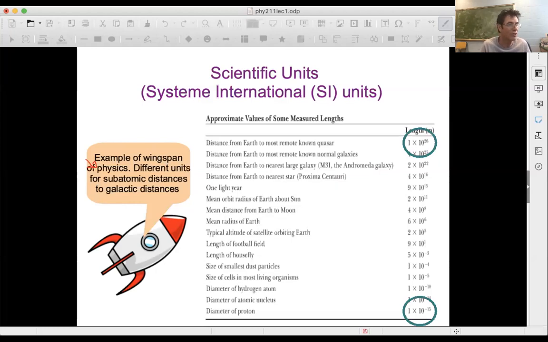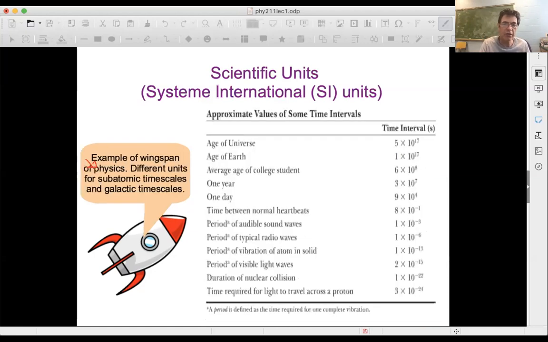It's from the size of a single proton to kind of the size of the universe, or a distant object in the universe. So there's huge ranges in physics of distances, from very large powers to very small powers when measured in meters. And the same is true of time intervals. There's big times like the age of the universe. There's tiny times like the time it takes light to cross a proton.